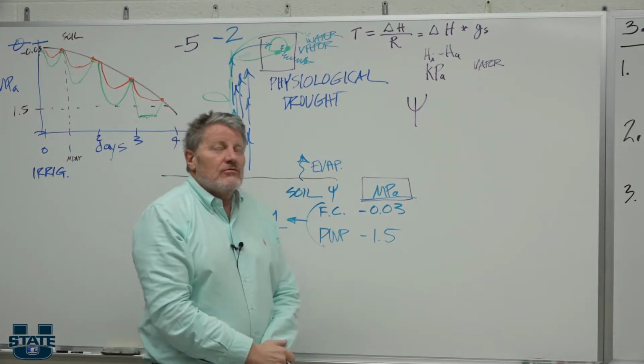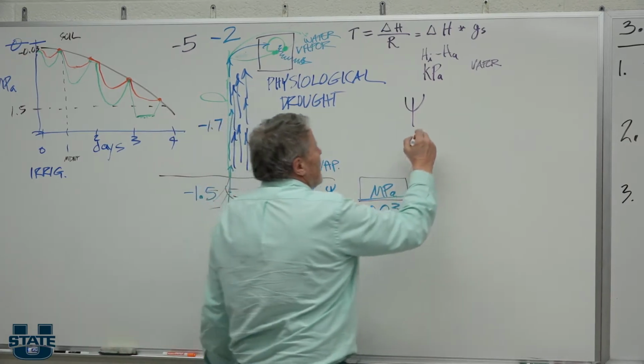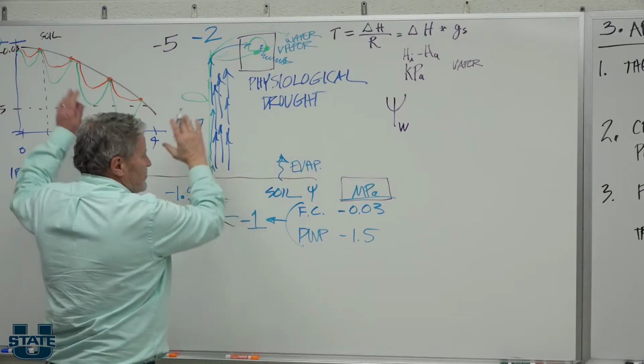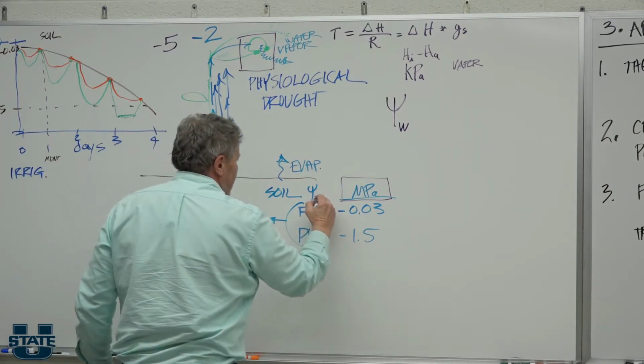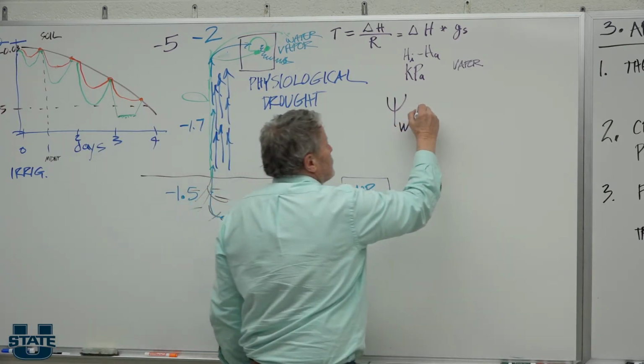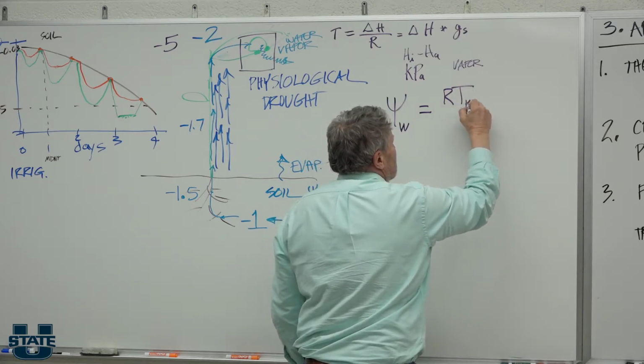I'm not sure this equation has a name. I should look that up. We should see if this has a name. Psi, and W is water. This is all psi W, total water potential, equals RT, and that's in Kelvin.